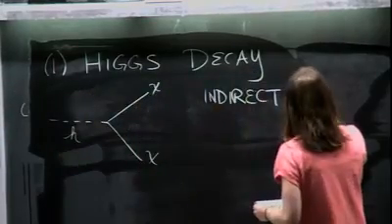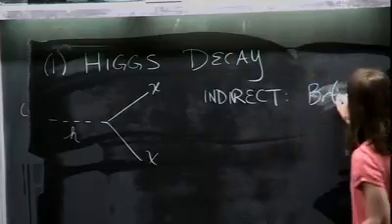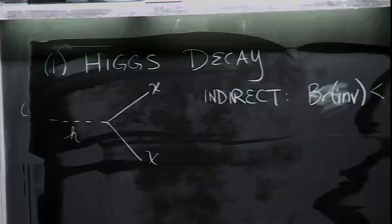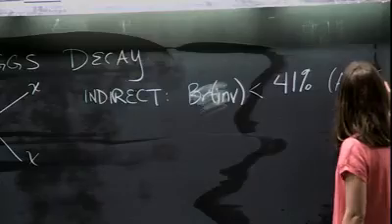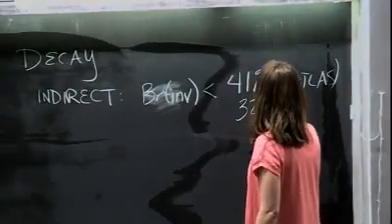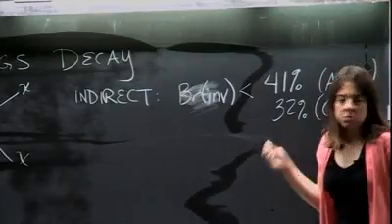If we do that, the experiments find that the invisible branching fraction for the Higgs must be less than 41%. That's Atlas. CMS finds less than 32%. So, not too far off.